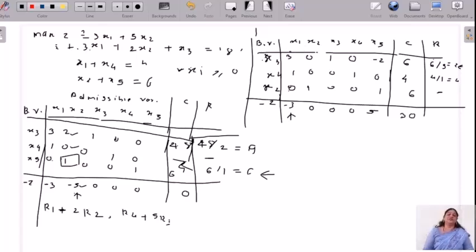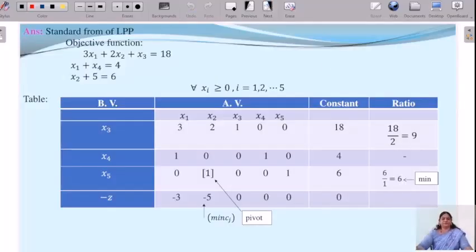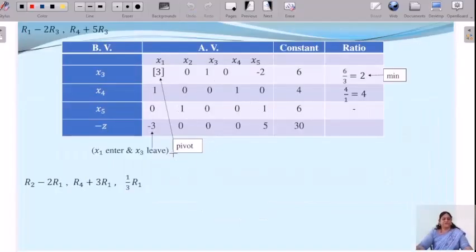Therefore you get this as the pivot element. Convert the pivot element to a unity and the corresponding elements in that column equal to 0, and x3 will leave the basis and x1 will enter the basis. See, minus 3 is the minimum.